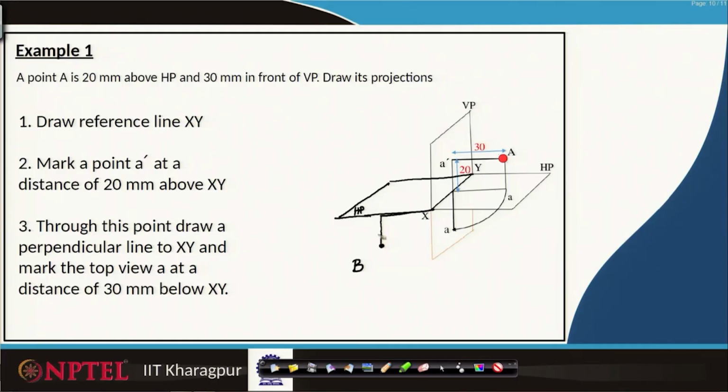Below that 40 mm, and in front of the vertical plane, this is the vertical plane, in front or back side, the way we look at it. So, that is 50 mm. What will be the projection of this point B on the vertical plane and horizontal plane?